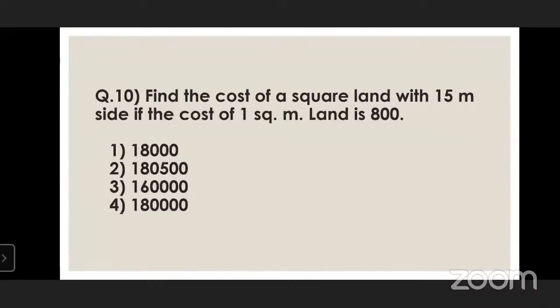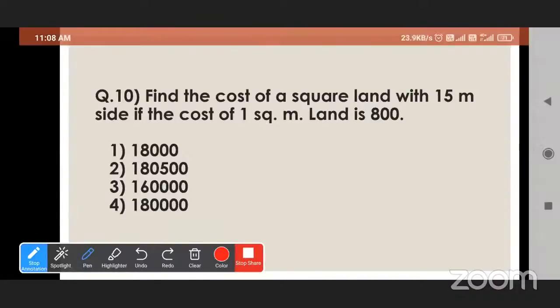Now question number 10. Find the cost of a square land with 15 meter side if the cost of 1 square meter of land is 800. So there is a square land having side 15 meters. So what is the area of that square land?